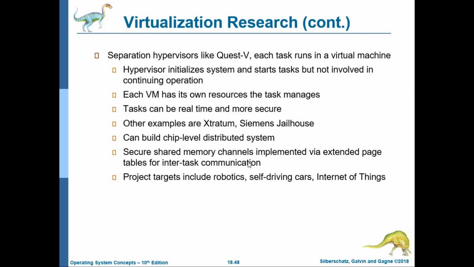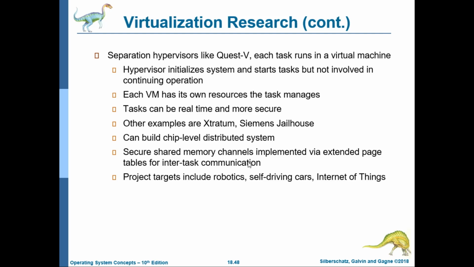In separation hypervisors like Quest V, each task runs in a virtual machine. The hypervisor initializes the system and starts tasks but is not involved in continuing operation. Each VM has its own resources that the task manages. Tasks can be real-time and more secure.